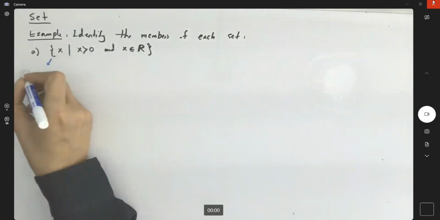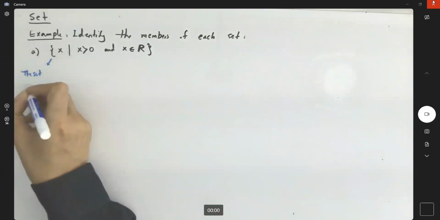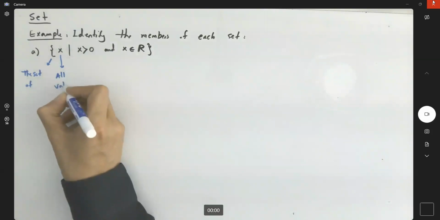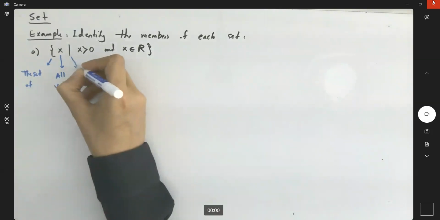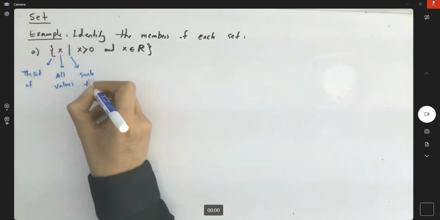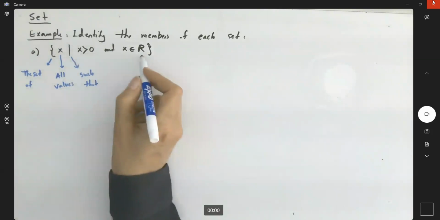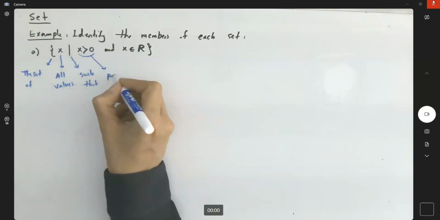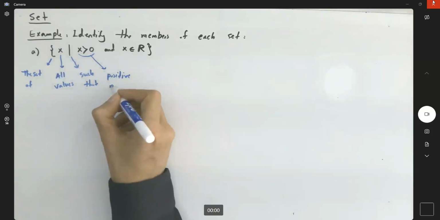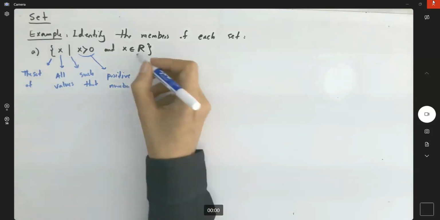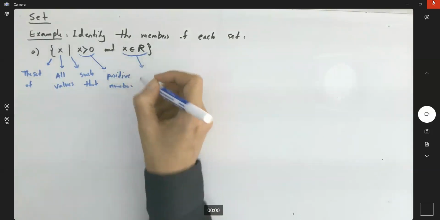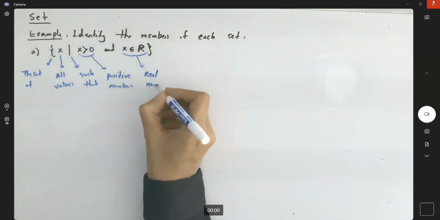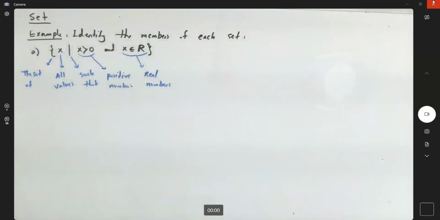The set of X, all values such that, with the property that those are positive numbers and at the same time they belong to R. They are real numbers. Remember that.